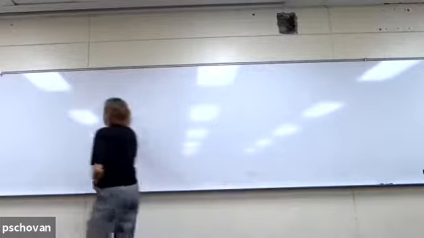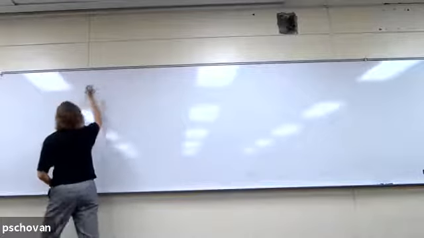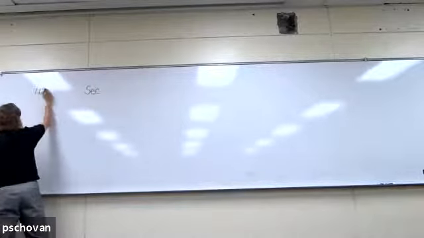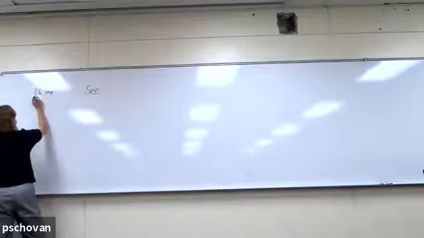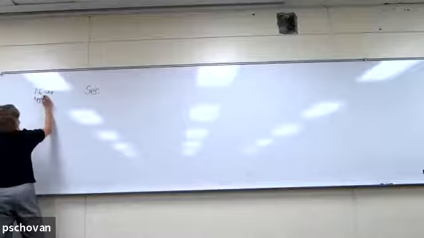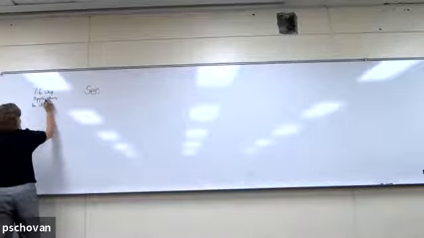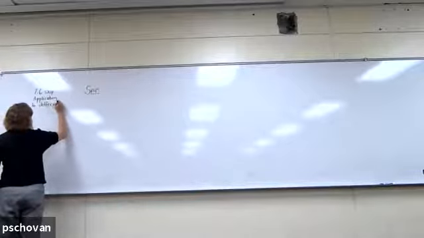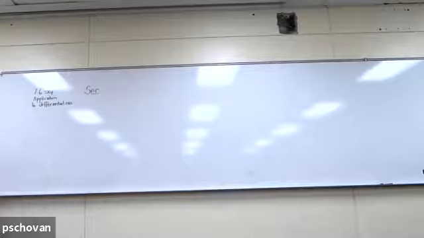Okay, so back to section 7.7. So again, 7.6 we skip. That's differential equations. I used to always teach this, and then one semester I taught differential equations, and not one of my students remembered this.